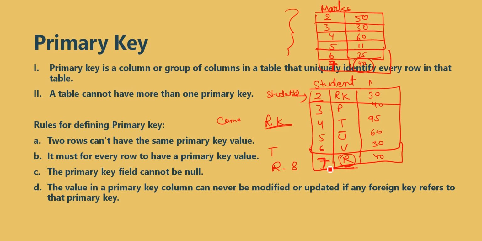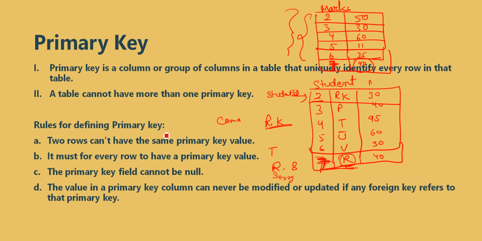Now he requested me to update the value of 7. How can I do that? It is not possible, because I have already created one more table and I have already stored this ID somewhere else. Then I cannot update your value. Sorry for that, I'll simply say sorry, I cannot change it.